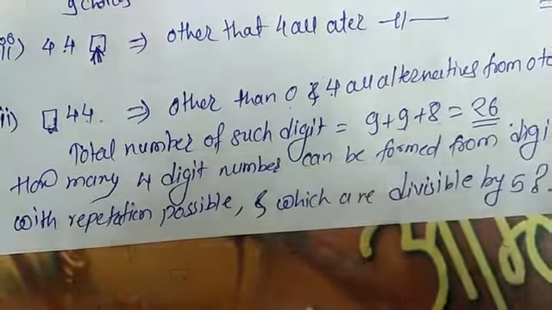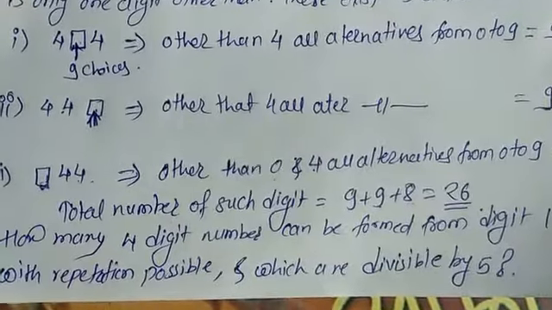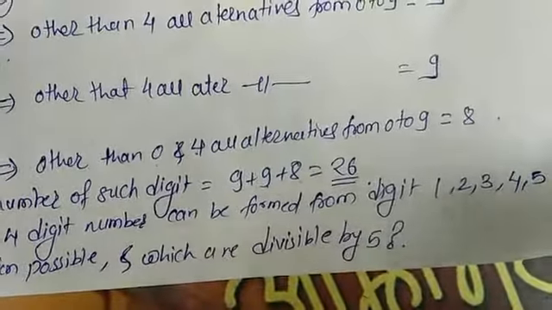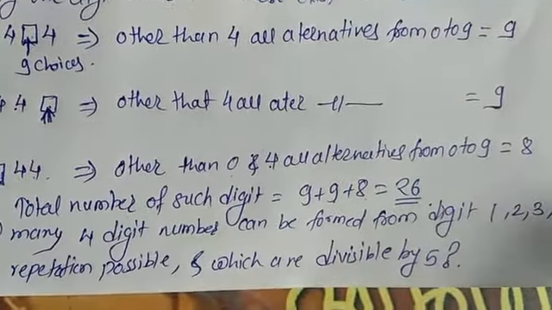Okay, so the same type of question we have solved for 3 digits. Here the numbers are 1, 2, 3, 4 and 5. Okay, so this is your homework.